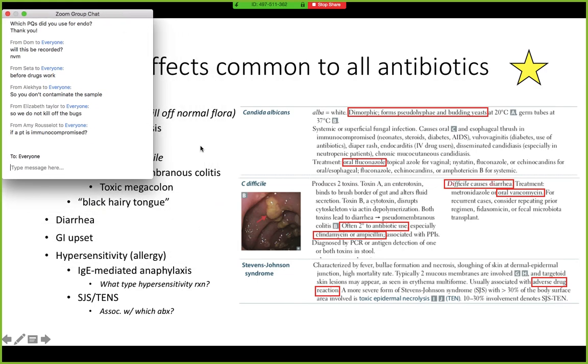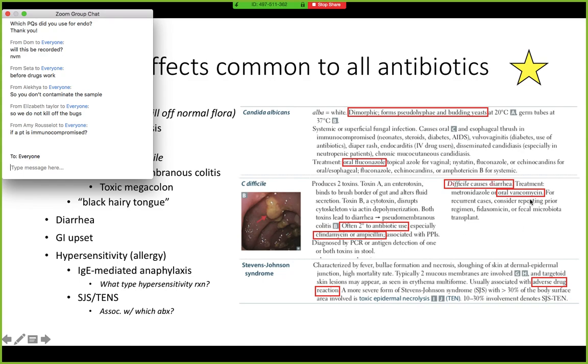If you guys have worked in a healthcare setting, I'm sure everybody's heard of C. diff. But the high yield thing to know is that C. diff often occurs secondary, meaning after antibiotic use, and it's especially associated with clindamycin or ampicillin.